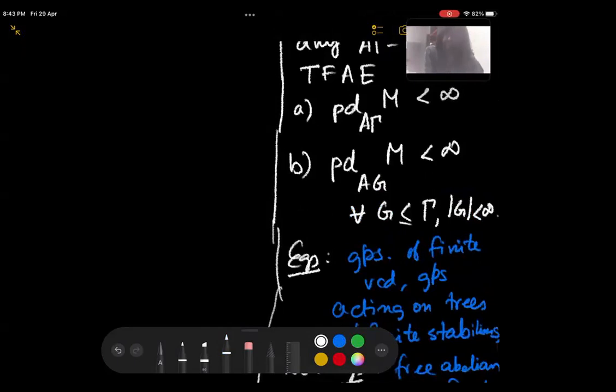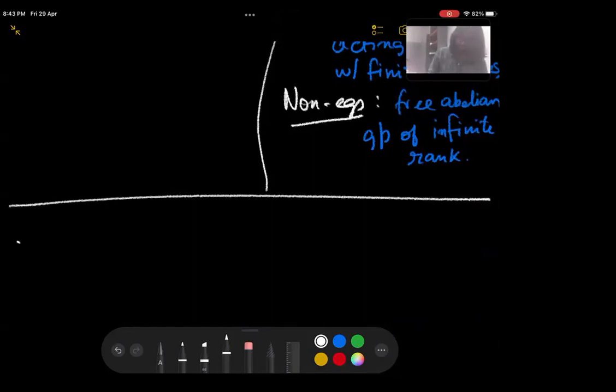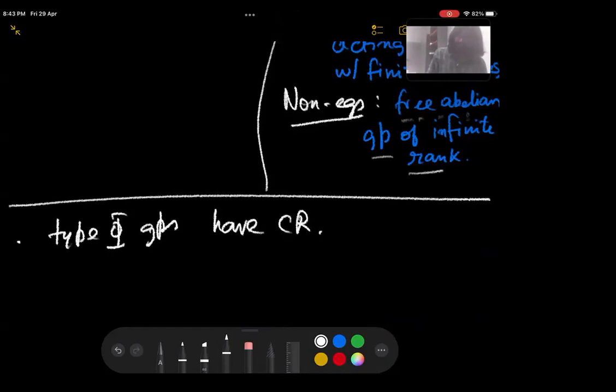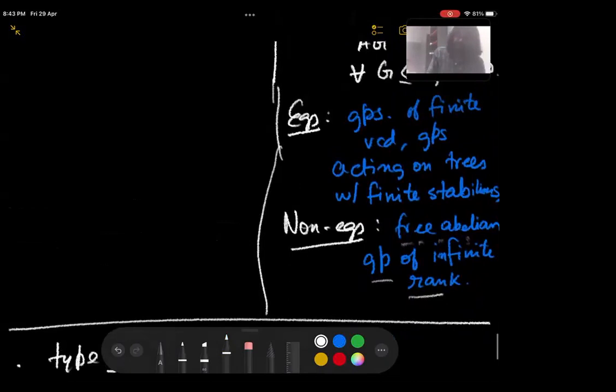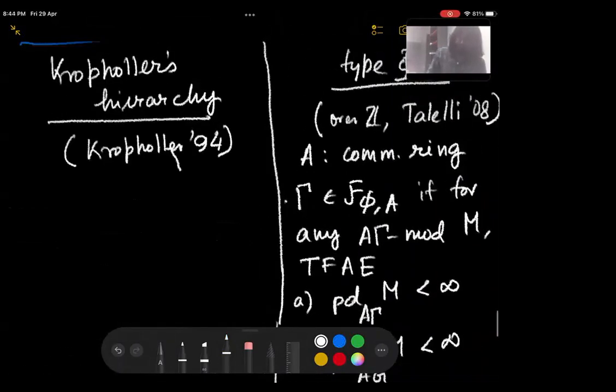Remember the complete resolutions that I mentioned earlier? Type phi groups have complete resolutions, and free abelian groups of infinite rank do not have complete resolutions. It's somewhat easy to show. So that's one way of saying that free abelian groups of infinite rank cannot be type phi. For now, remember this notation, F phi A.